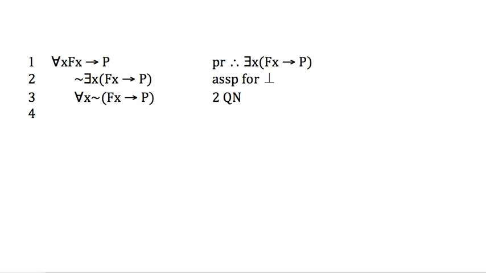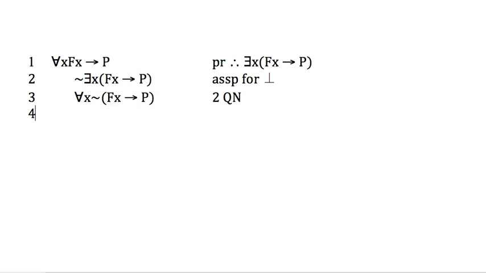We know we need to use line 1, and we know that we're either going to do that by a modus ponens or a modus tollens. If we got not p, we could do a modus tollens, and I think you can see that by using line 3 and instantiating to anything we like, we're going to get not p. But you might also notice something else. If I could get for all x f of x, I would be able to get p.